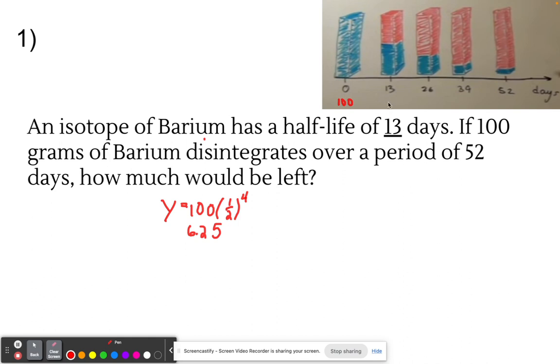After 13 days, I would have 50. After 26 days, I would have 25. After 39 days, I'd have 12.5. And after 52 days, I would have 6.25, going down by half each time. Times 1/2, 1/2, 1/2, 1/2.